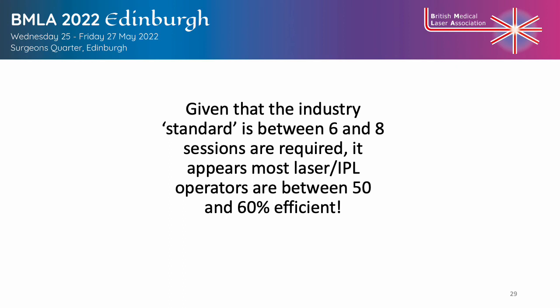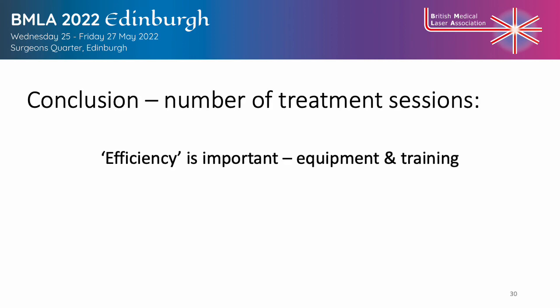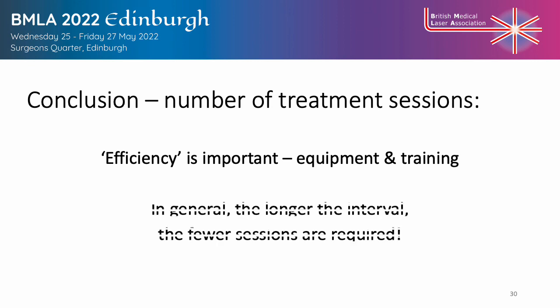I suspect, just from personal experience, that the efficiency depends much more on the training than on the equipment, because most equipment is perfectly fine. But if you have the best equipment in the world and poor training, then you're not going to get good results. Simple as that. So my conclusion is that the efficiency is important, absolutely, and I suspect it's the training that's the more important part of that.